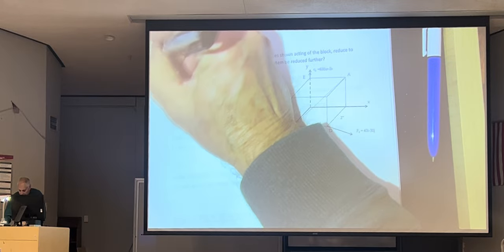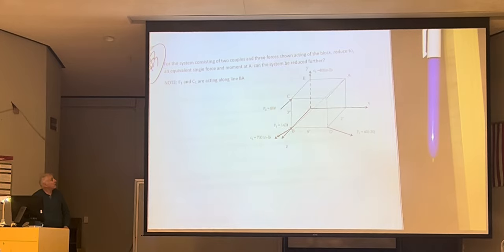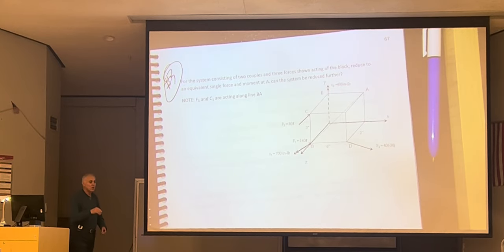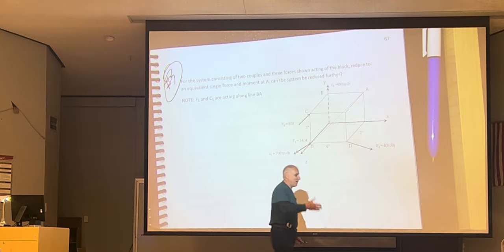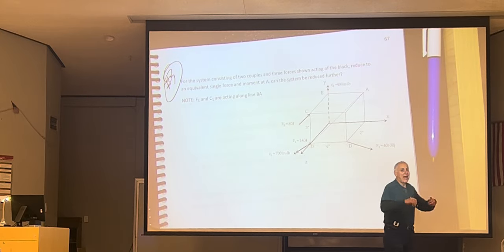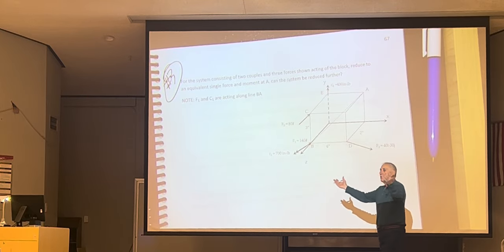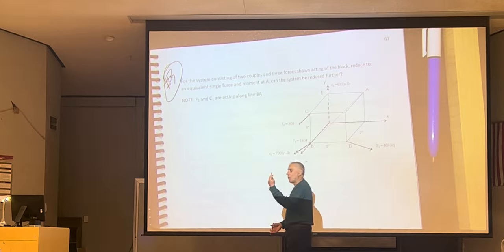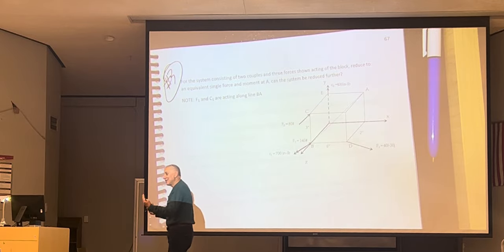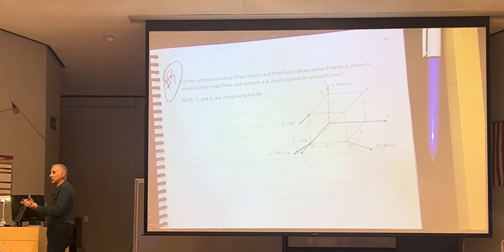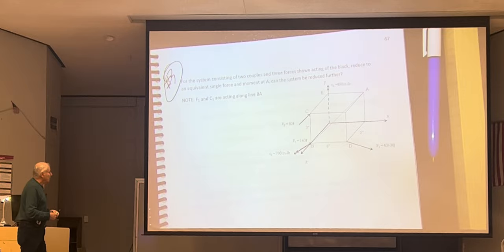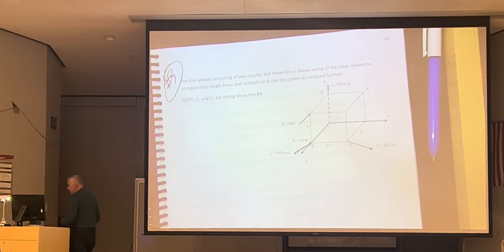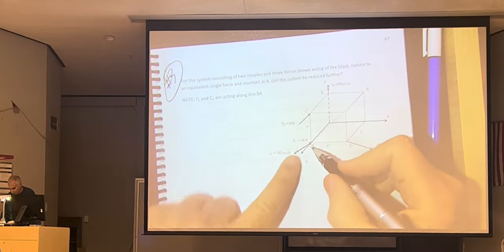You got a picture of that, right? Because this is very similar in idea to question number 3. But it doesn't have everything in question number 3. It just says, for this system, can you please reduce it down to a single force, single moment? And is it possible to reduce it down to a single force? Here what you see is two things.